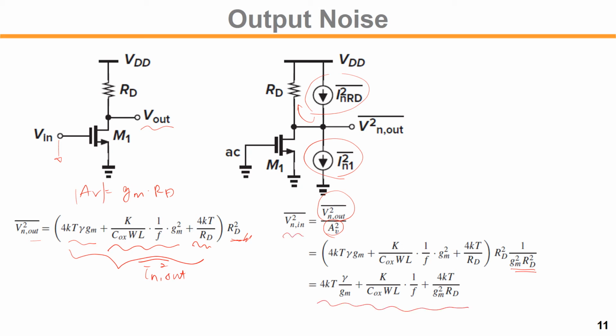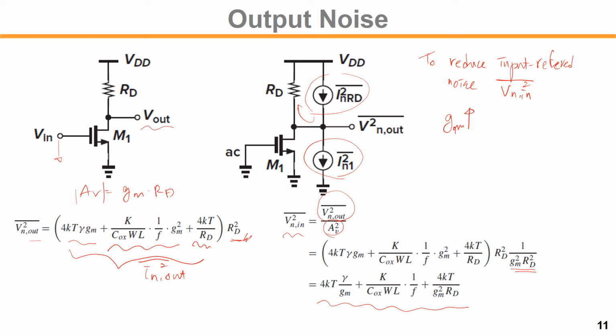What we can see is that if you want to reduce the input reference noise Vn in, gm must be large, right?